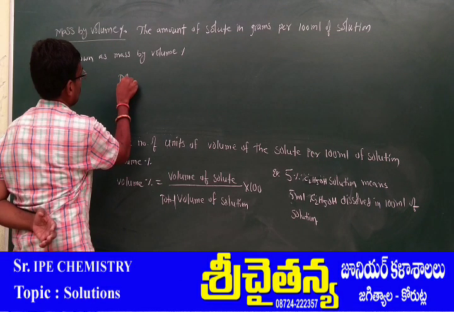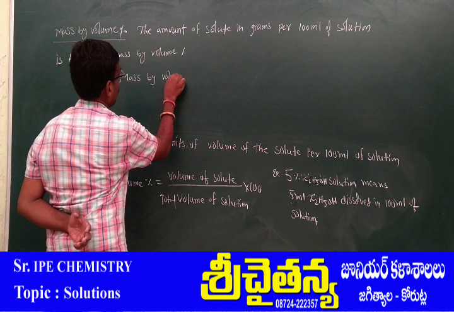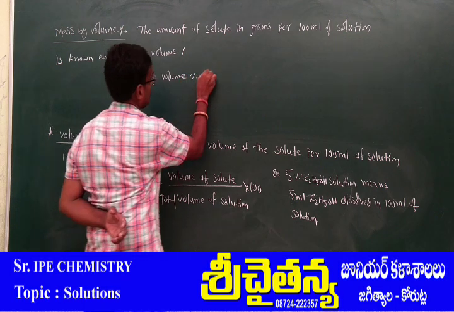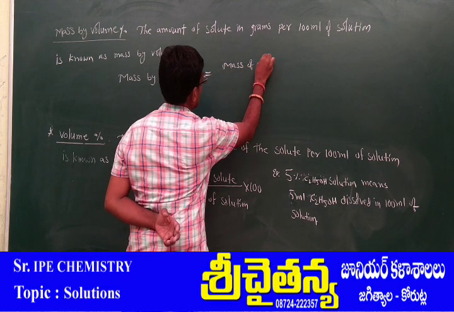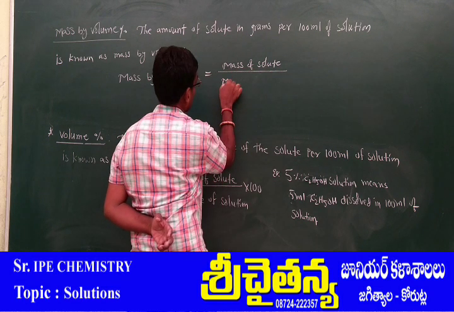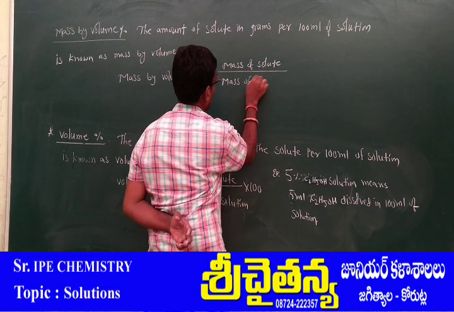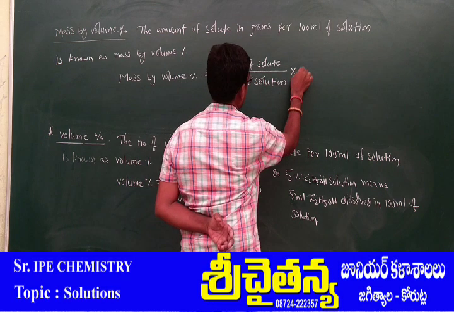Here the principle: mass by volume percent is equal to mass of solute by volume of solution into 100.